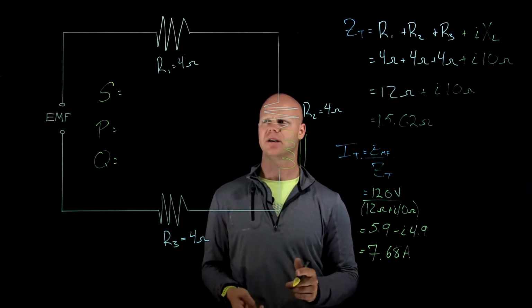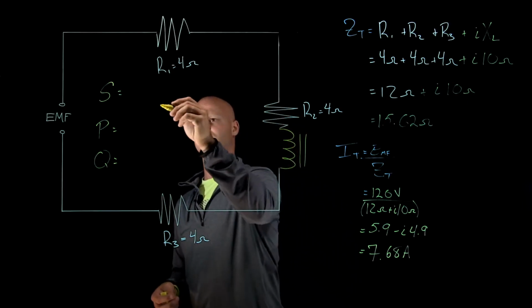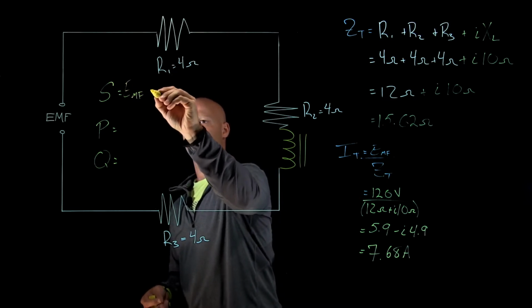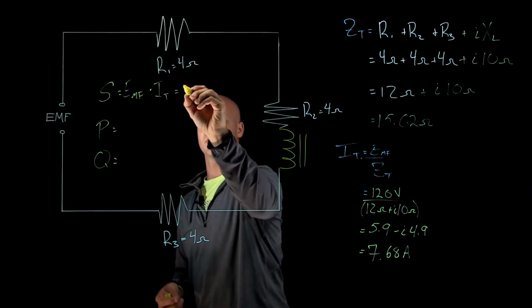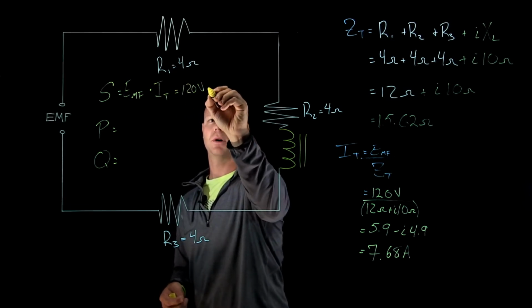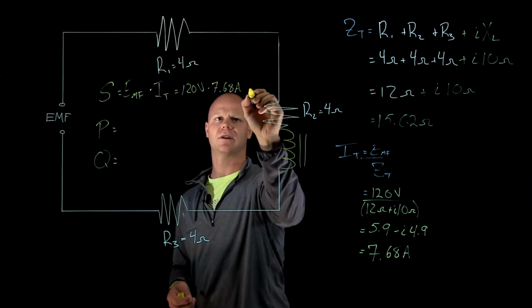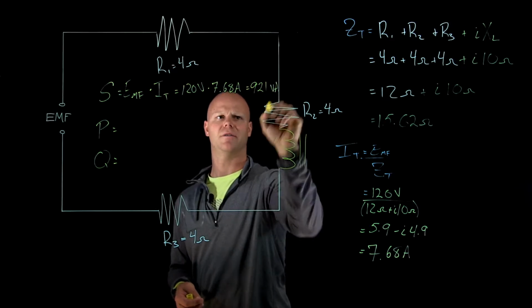When I want to calculate the apparent power, all that I have to do is take my applied EMF and multiply it by my total circuit current. So I would get 120 volts multiplied by 7.68 amps, and I get 921 VA.